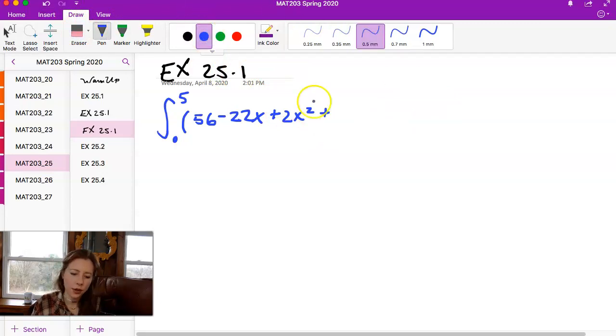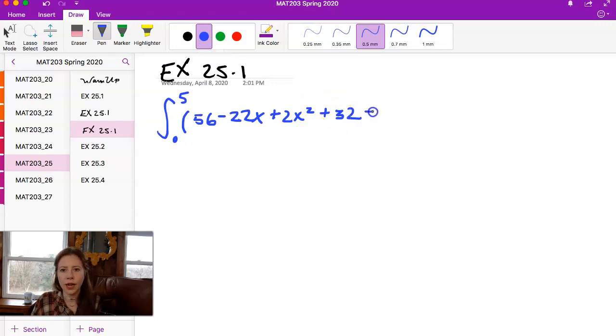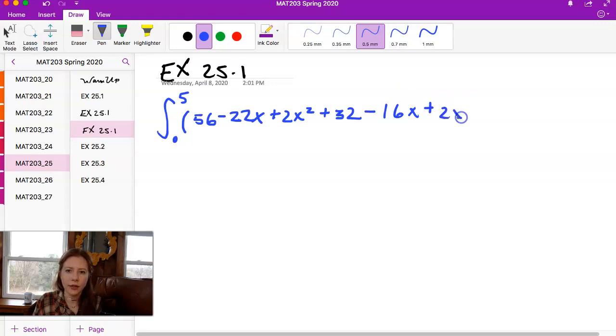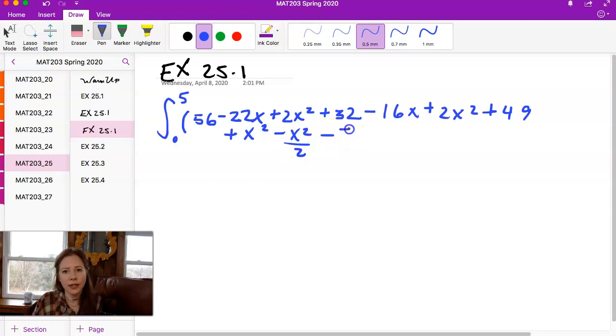Okay, 2x squared plus 32 minus 16x plus 2x squared plus 49 plus x squared minus x squared over 2 minus 7x minus 49 over 2 dx.